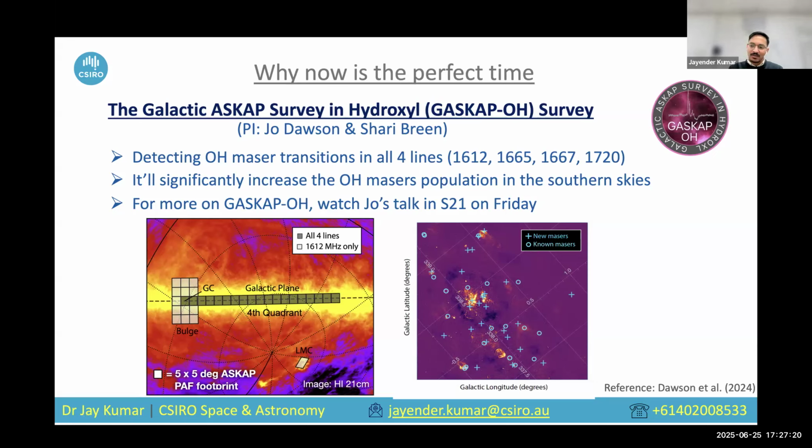If I have read it correctly, this is one of the test regions of GASKAP-OH, and there were 19 known masers in this region, represented by the circles, but 26 new masers have been found, represented by the plus signs. That shows how much the OH maser population is going to increase. That will be an awesome catalog to go and select these masers from to do astrometry.